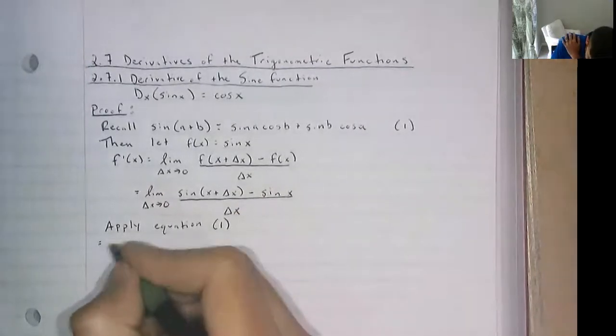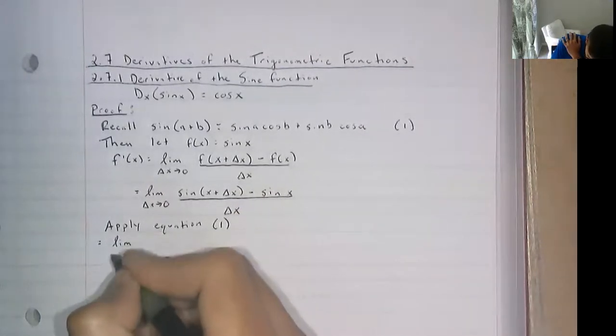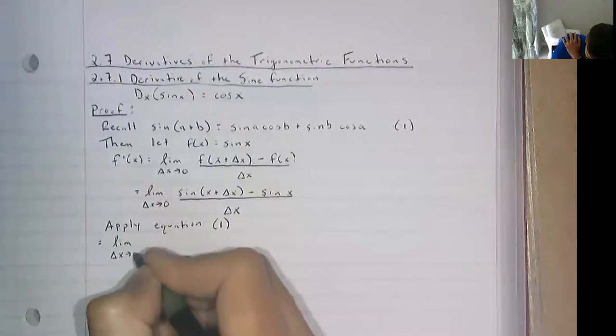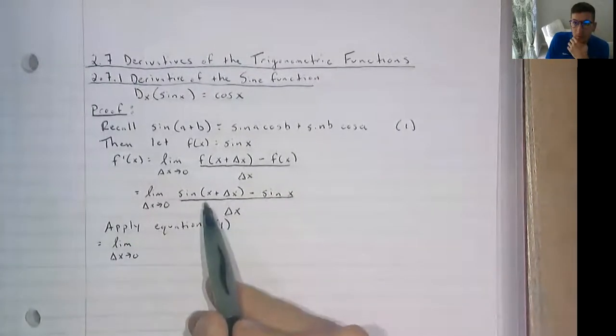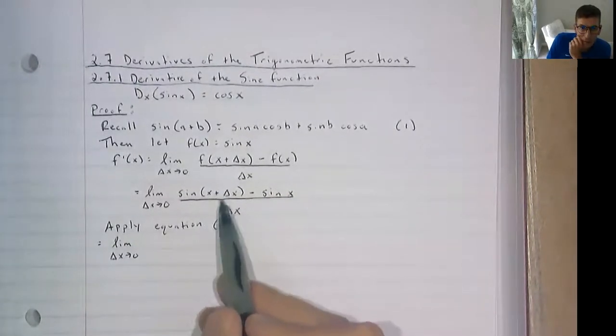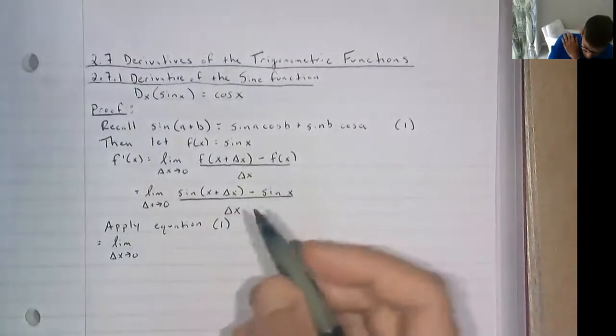And now this limit becomes the limit as delta x approaches 0. We're going to apply the angle sum identity to this with a being x and b being delta x.